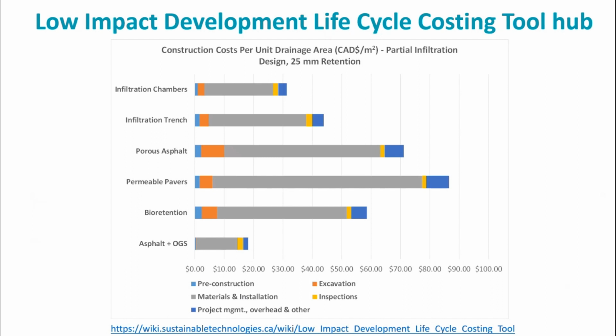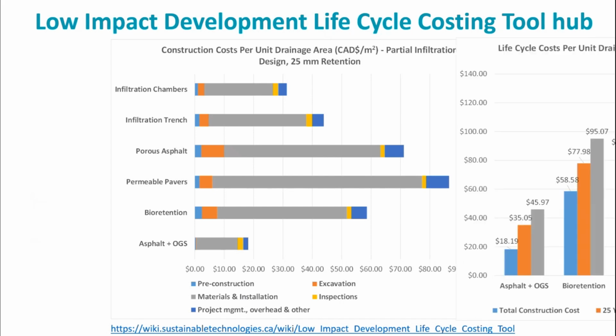So that's the cheapest, about $18 per square meter. But the thing with OGS, it doesn't have a retention factor. Although it has a water quality factor to it, it's not able to reduce the potential of flooding on site, as it's just a filtration feature used in the catch basin itself.